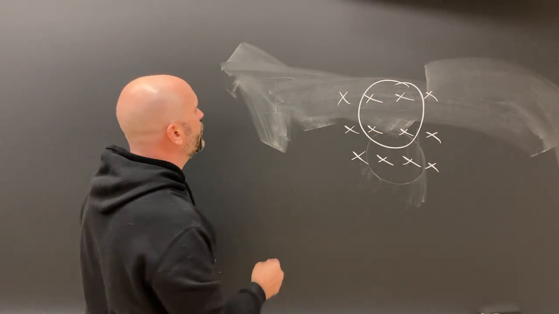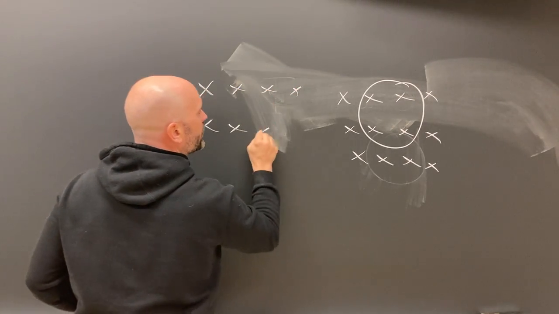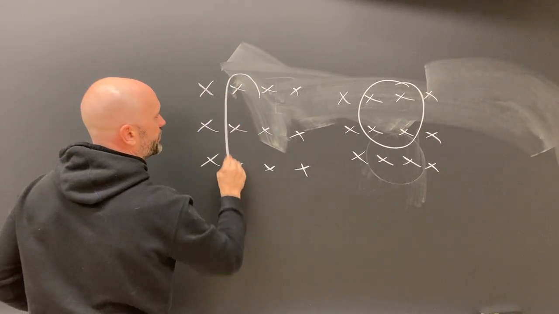And then we decide over here to squeeze that loop so that it's like this.